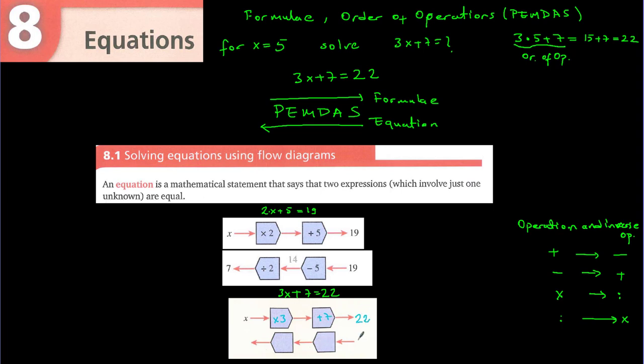Now I'm going to continue from the 22 side. The operation is negative, minus 7. 22 minus 7 is equal to 15. Then times 3 was there, now we are going to divide by 3, and 15 divided by 3 is going to be equal to 5. As you see here, I apply the 5 and we got 22. Now by using the equation, I found the inverse, and this is also called checking.